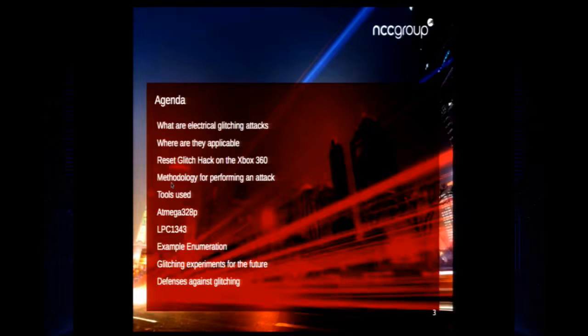Towards the end, we're going to look at the devices I had in mind to attack, ideas for glitching experiments in the future, and finally, defenses that embedded vendors can use to defend themselves against these types of attacks.